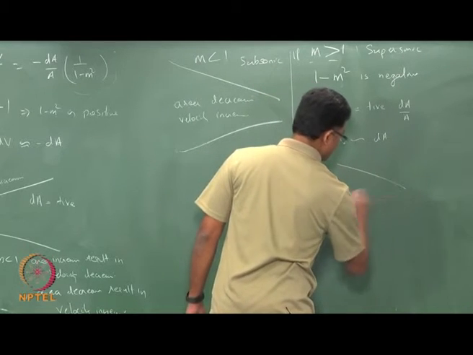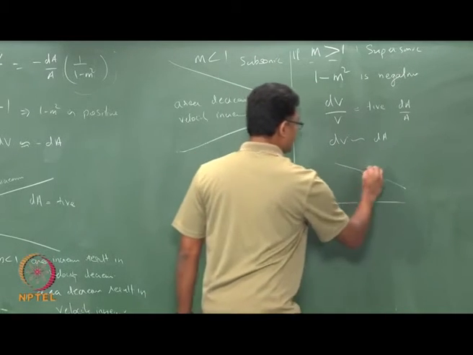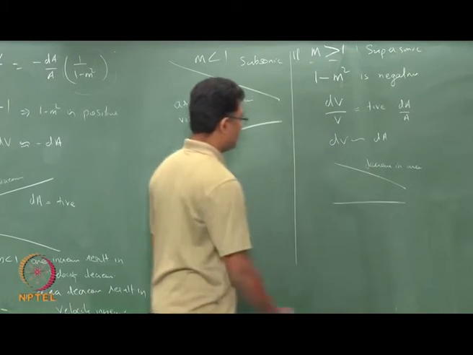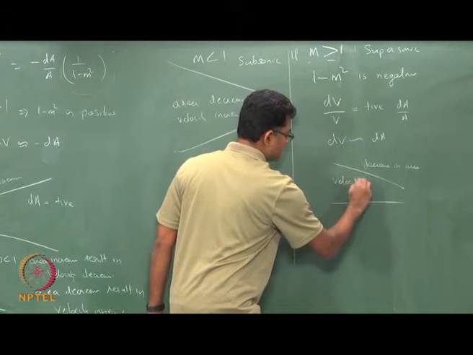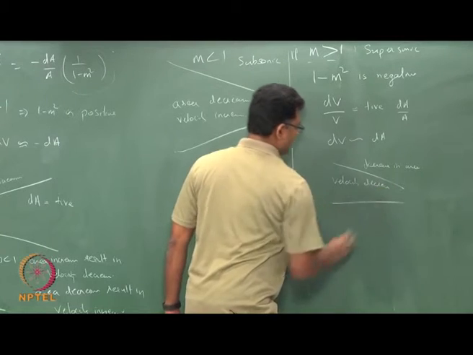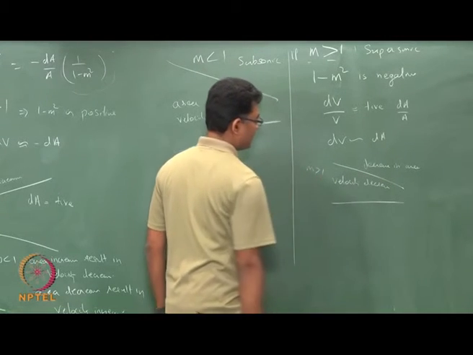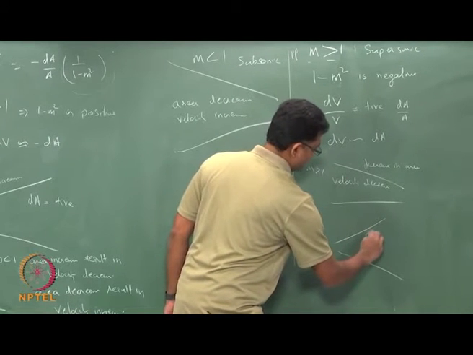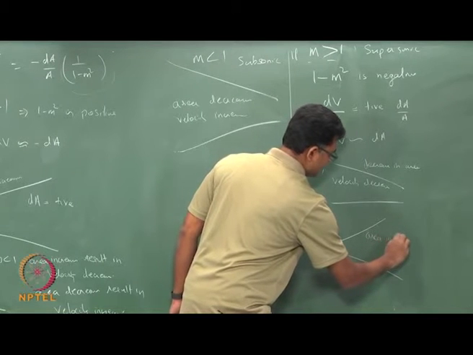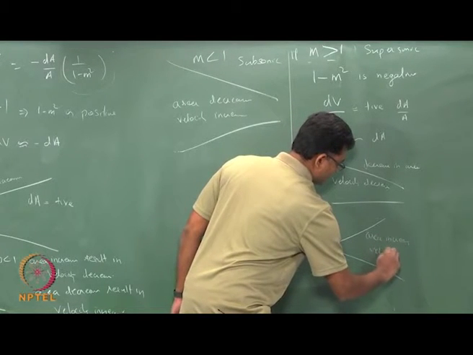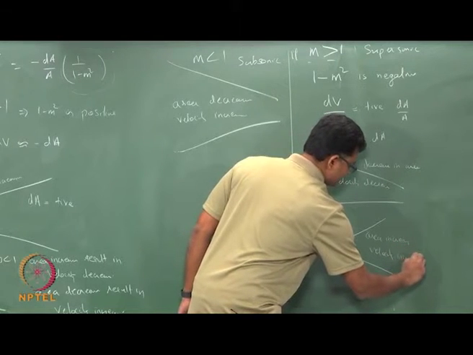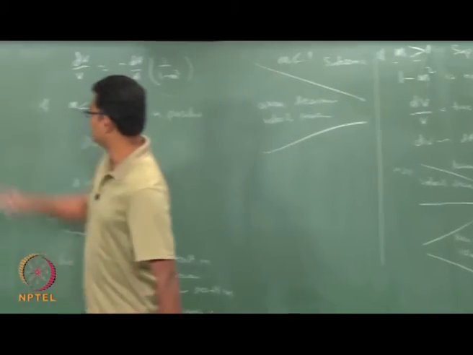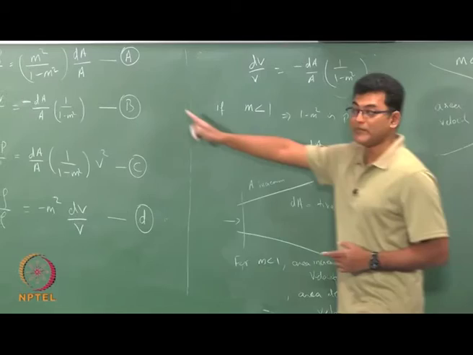So, I have this decrease in area, velocity will also decrease if my m is greater than 1, and this area increasing, my velocity also increases. That is from equation B. So, these inferences we have deduced from equation B.